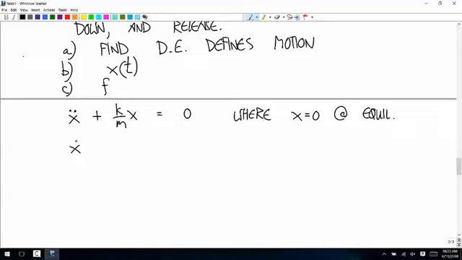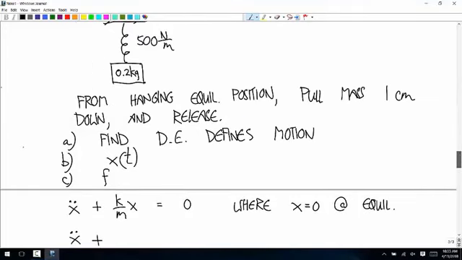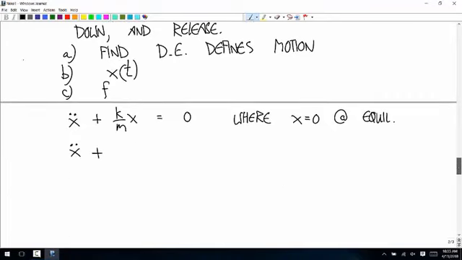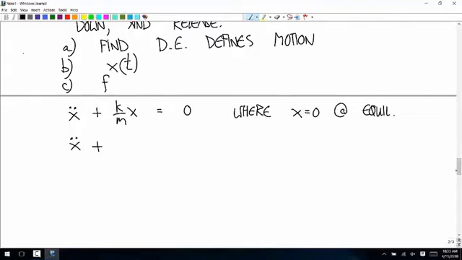And so we have x double dot plus k over m, 500 over 0.02, 2500. Right. So 2500 x is equal to 0.